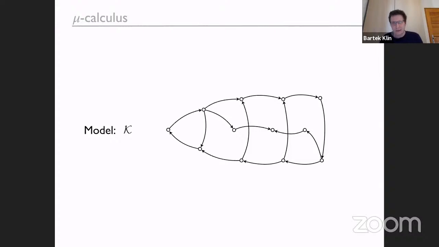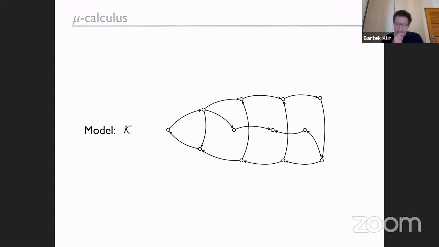Okay, so let me start with a brief recollection of μ-Calculus. It's a simple temporal logic, simple in the sense of having a simple syntax and semantics, that describes properties of states in transition systems, essentially. And such a transition system can be seen just as a directed graph. It could be finite, it could be infinite. That's an example of what I call a model.